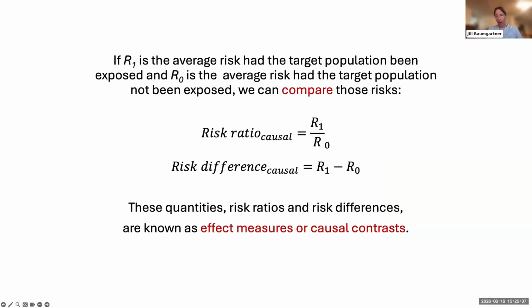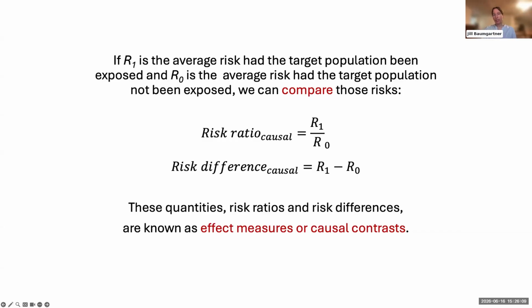To quantify a causal effect, because it's the same population, we compare two hypothetical risks in the same group of individuals. First we consider the risk if everyone in the population were exposed, so that's our R of one. And second, we consider the risk if the same population were not exposed to that wildfire. So that's our R of zero, or R naught.